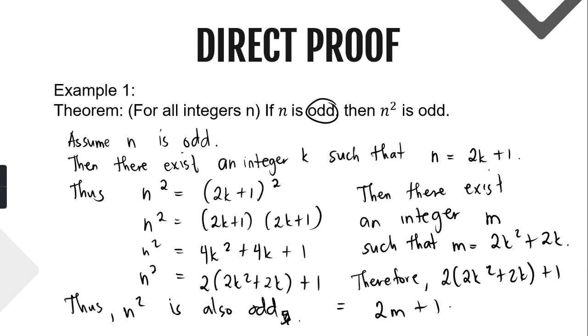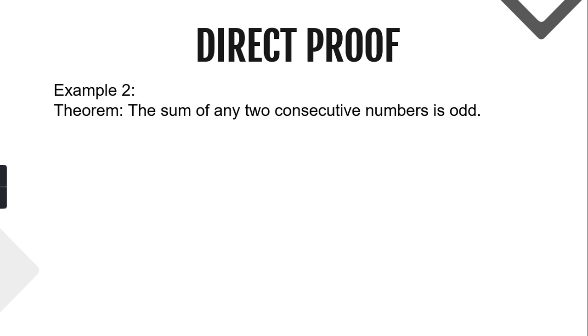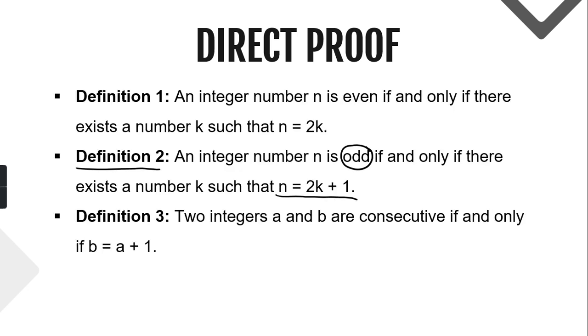So, another example naman po, and I think this is the last example. Ayan. So, for example number 2, theorem natin: the sum of any two consecutive numbers is odd. So, balik tayo doon sa ating definitions, no? So, we will use two different definitions here. So, definition number 2 and definition number 3.